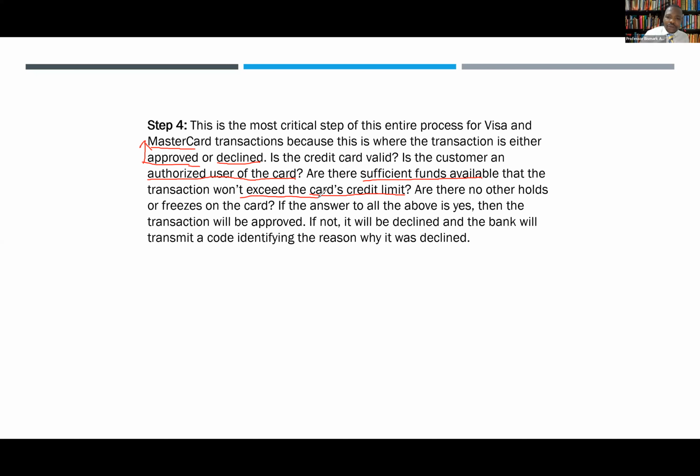Sometimes associations or banks put it in place to protect you. Are there any freezes on the card? Are there any transaction disputes? And the goal is to try to get as many yes as no. But if it's declined, a reason will be provided for why it was declined.